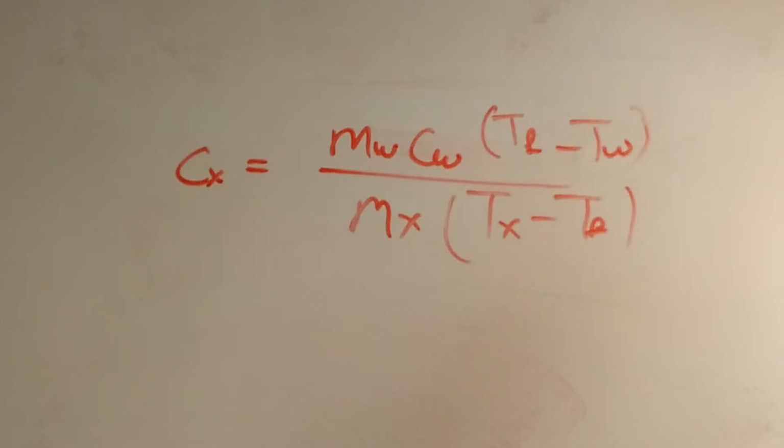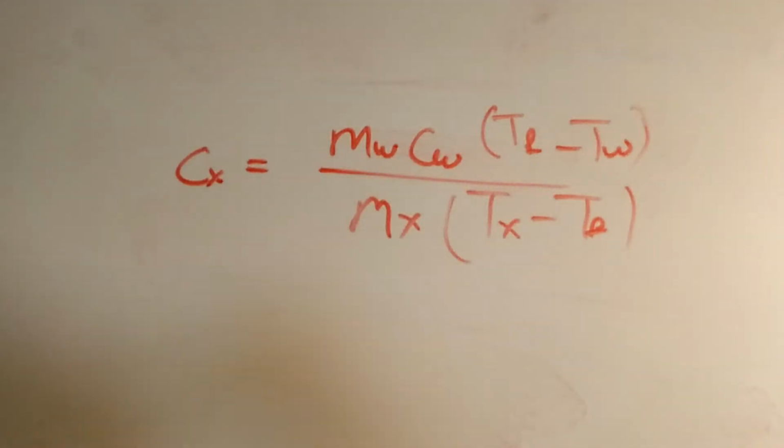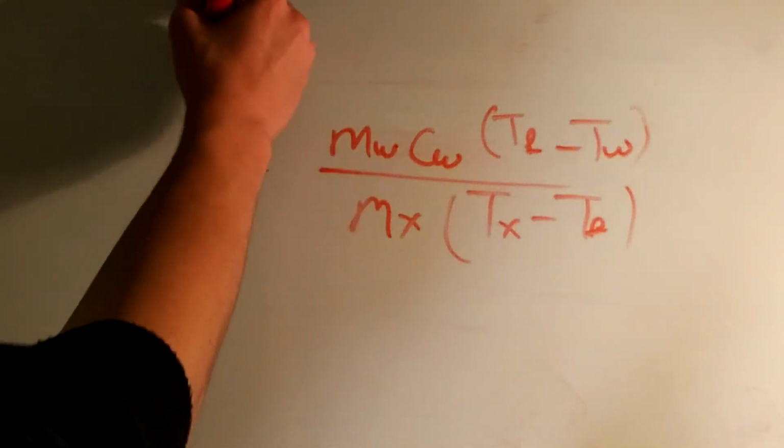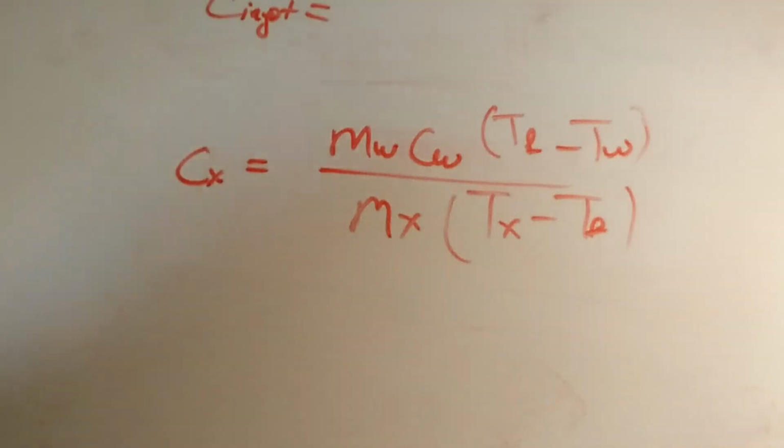Okay, now we can use the formula that we studied in order to calculate the solution. So basically, in this formula, we will only replace the values for the temperature difference, the masses, and the specific heat of water. And what we will get is C of the ingot will be equal to what?